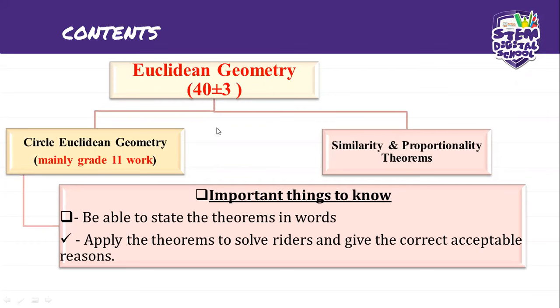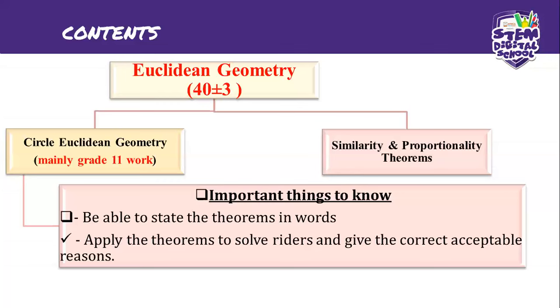When we break this topic down, we have the grade 11 Euclidean geometry, which we did in grade 11, and in grade 12 we deal with similarity and proportionality theorems, right?